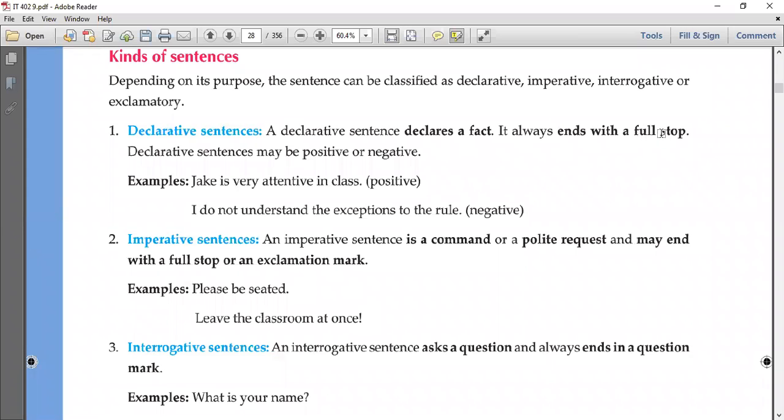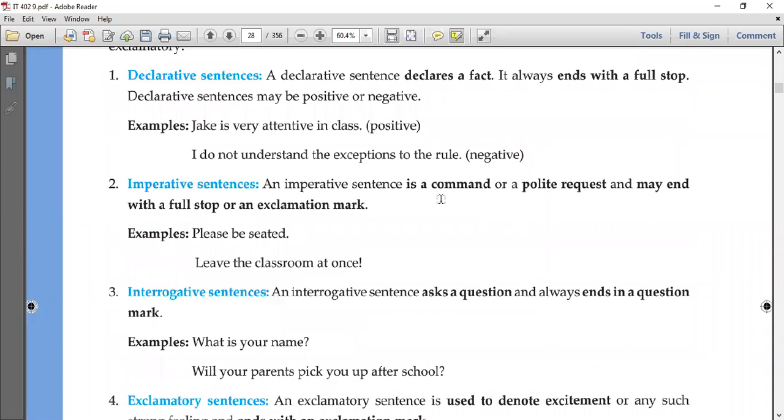All declarative sentences end with a full stop. It can be negative or positive also. Negative means it has not in it, or positive which doesn't have not. Jake is very attentive in the class. This is positive. I do not understand the exceptions in the rules. This is negative. Do not आ गया ना, negative हो गया, right?